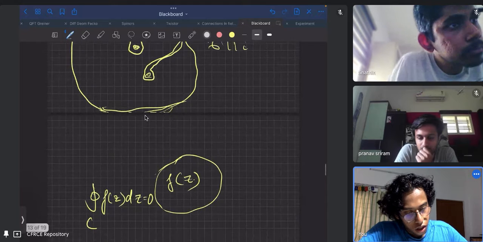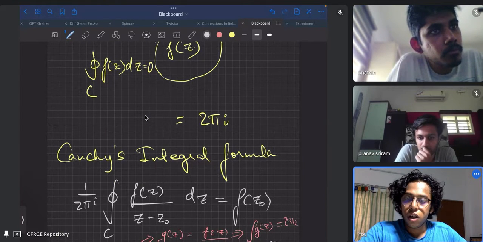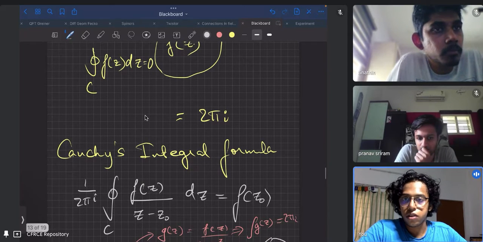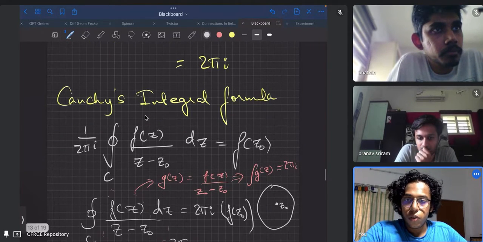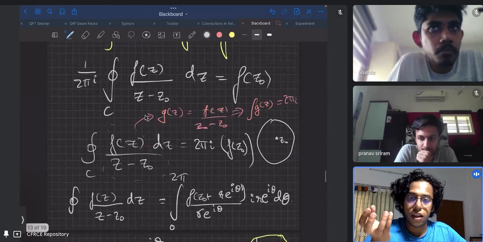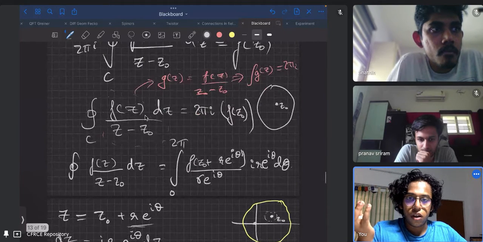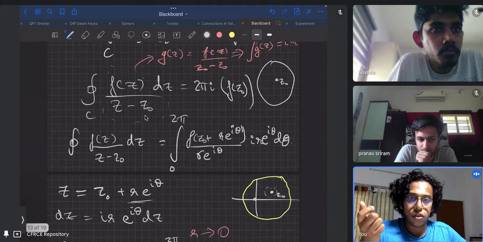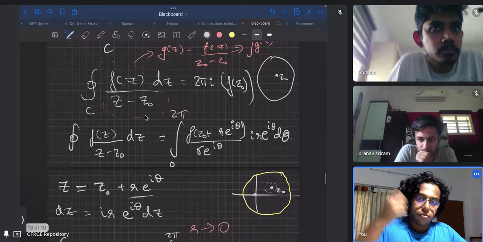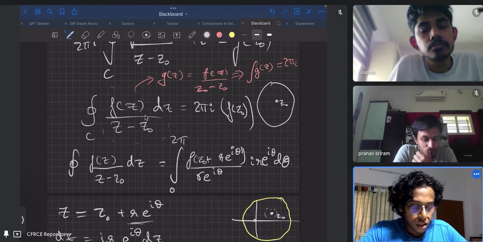We have the Cauchy integral formula, where the evaluation gives 2 pi i f of z naught, the integral around a particular point, if the integrand is in the form of f of z by z minus z naught.